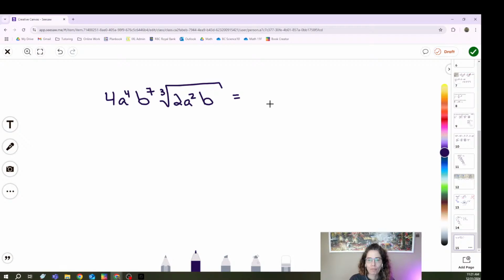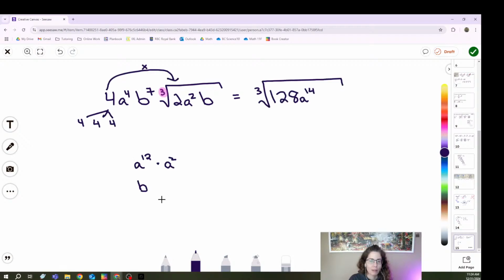When we're multiplying common base, do we multiply exponents? We add them. So it should be a, yeah. Okay, how about our b's? Yes. 7 groups of 3.